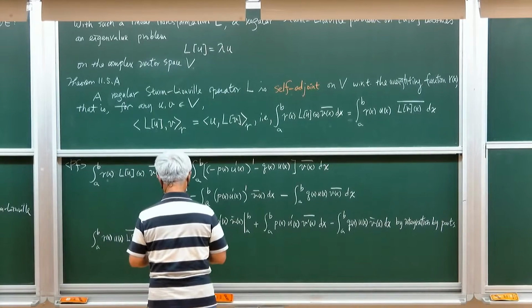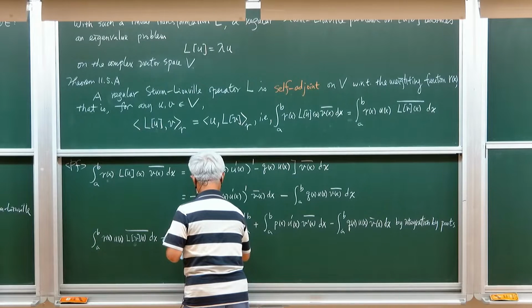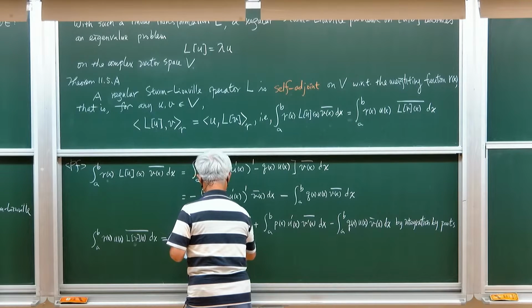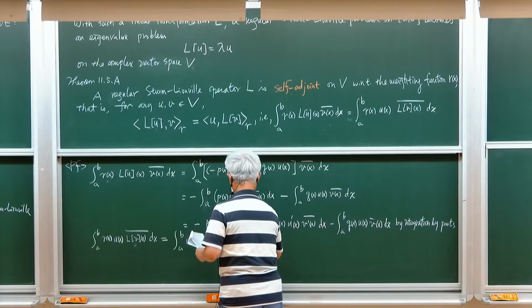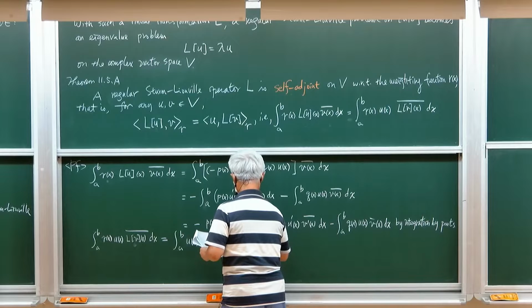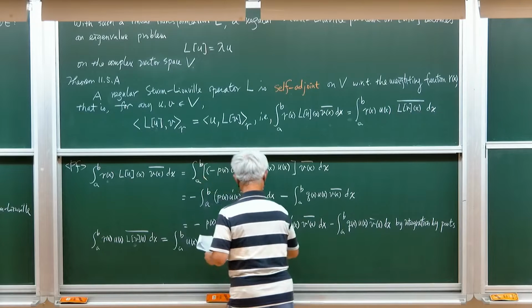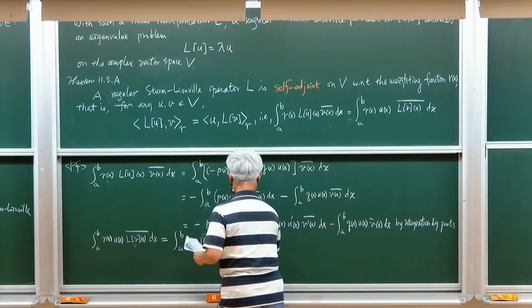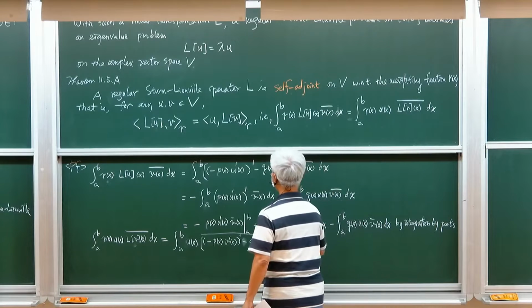And so we have minus P of x and v prime of x, prime, minus Q of x and v of x, and take the bar, and dx.